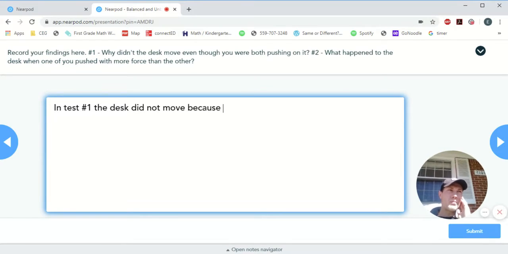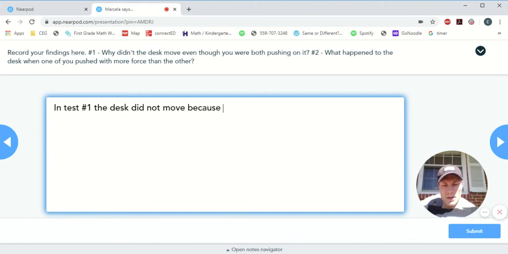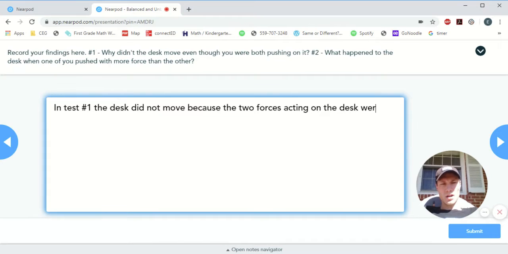Well, if both people were pushing on it but it wasn't moving, the forces must be the same or balanced. So I would say because the two forces acting on the desk were balanced.